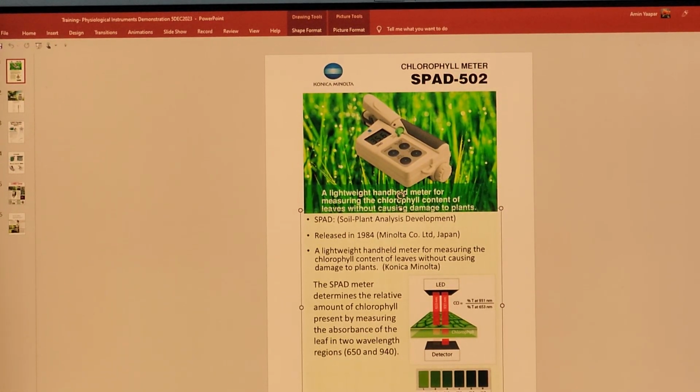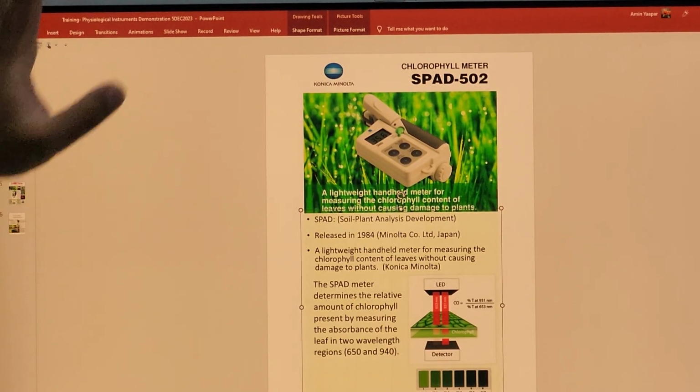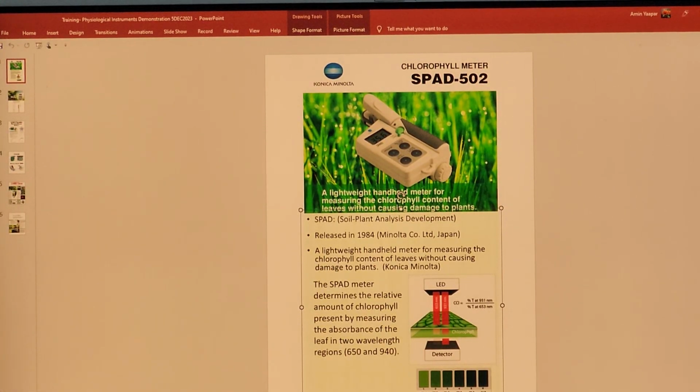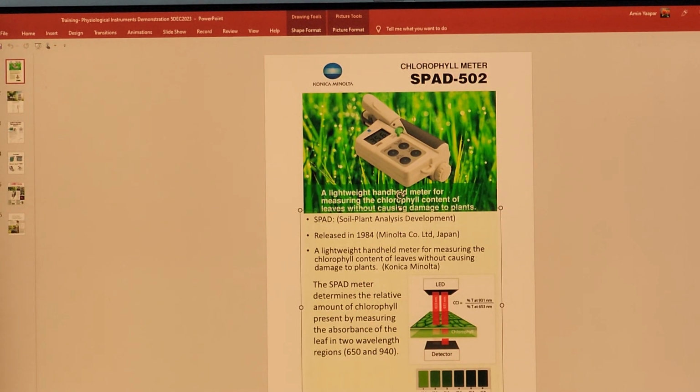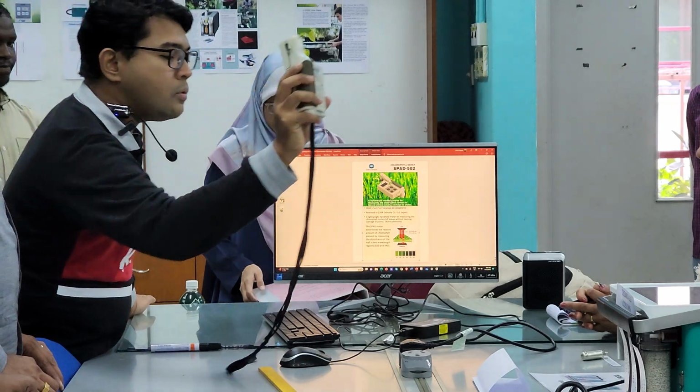You know, we have different chlorophyll, right? Chlorophyll A, chlorophyll B, and maybe some other pigments as well. And then the detector will detect what amount is actually transmitted through the leaf, and then it will do all the calculation. You get the absolute content of the chlorophyll. Right, so very easy to use.